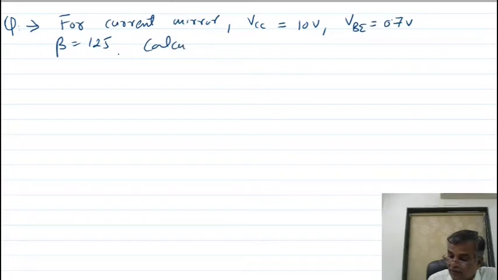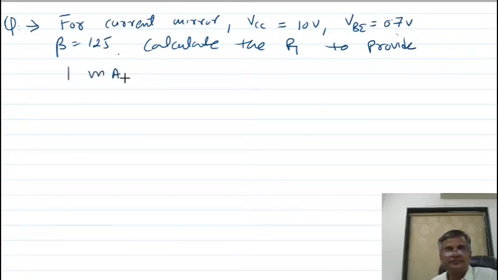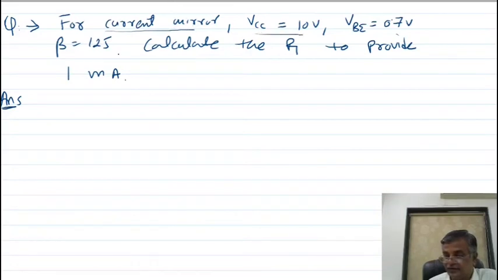Calculate the value of R1 to provide 1 milliampere current. Let us find the answer. What is the question? For the current mirror, VCC is 10 volt, VBE is 0.7, beta is 125. Calculate the value of R1 to provide 1 milliampere current.